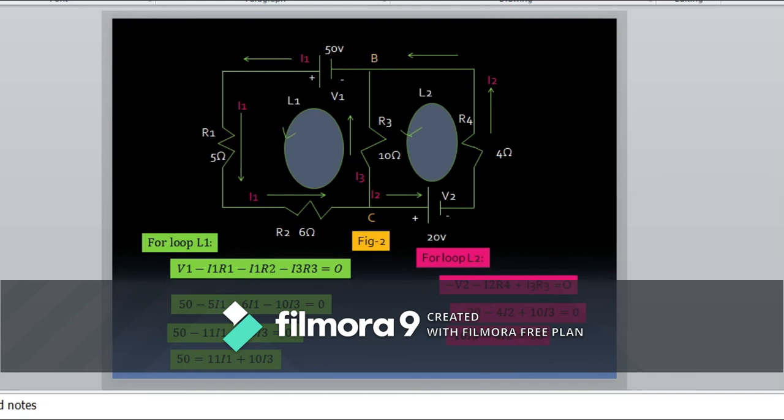So the simplified equation becomes 10I3 minus 4I2 is equal to 20. As per the current rule, the sum of the currents at any node is equal to 0. So at node B, I2 plus I3 minus I1 is equal to 0.